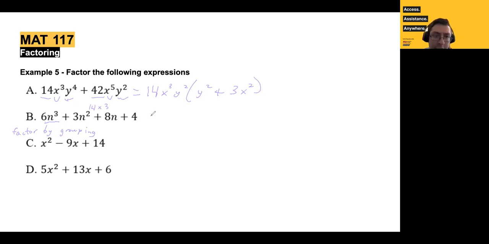Essentially how we do that is that we put the n cubed and n squared terms right beside each other, then the 8n and the 4 separately. And we try to factor them such that we get a common expression in the parentheses.